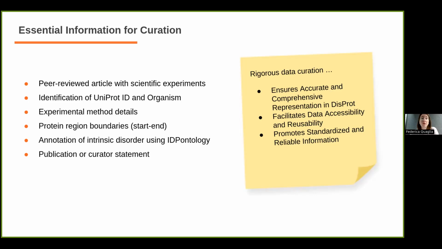Then we need to know the UniProt accession number and the organism of the protein that we want to annotate in DisProt. We need the experimental methods details, so which technique or techniques are used in the publication to assess the presence of intrinsic disorder or one of its features. We need to know the protein region boundaries, the start and end position of the disordered region.